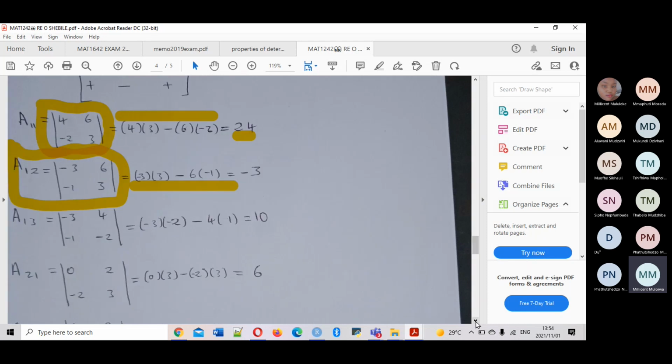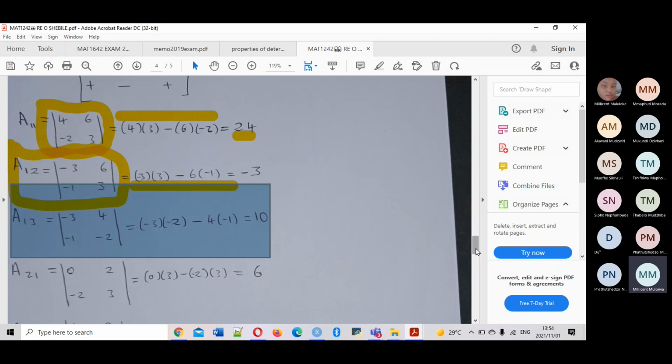It means that we have got this, which is going to be equal to this. Then we find the determinant. And now we are going to move and find A21.